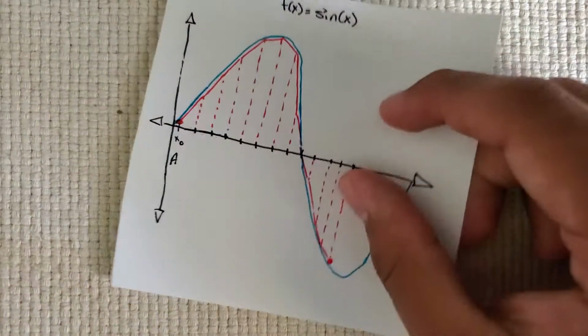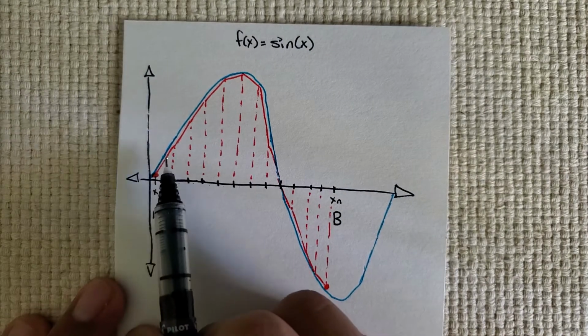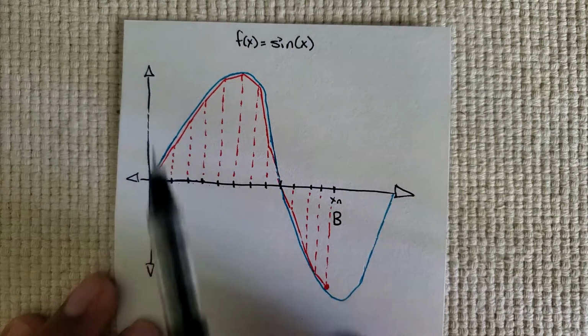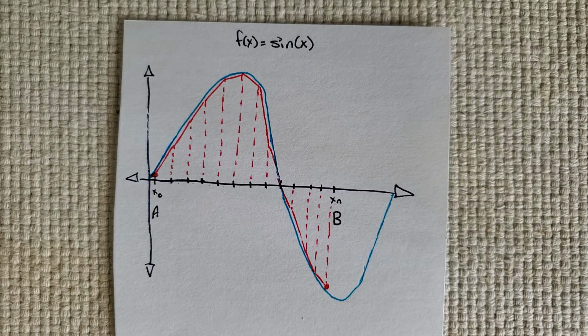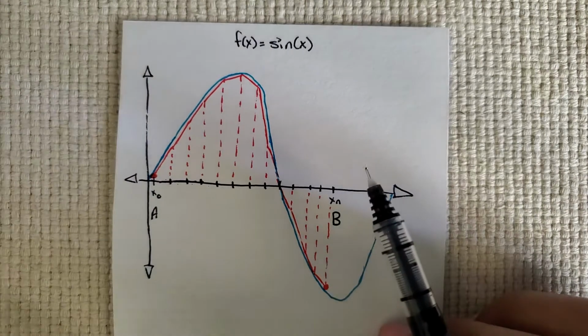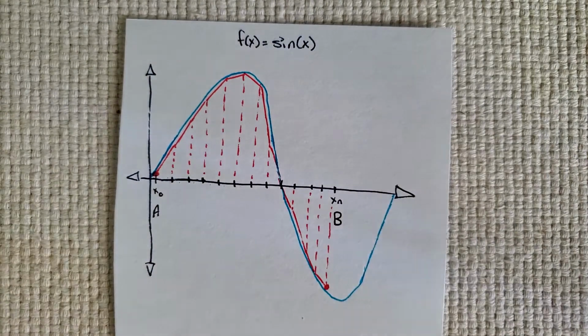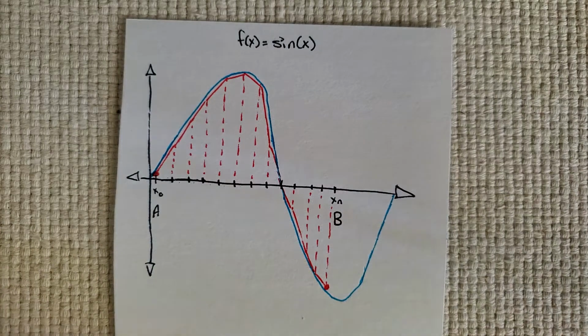And one prime example of this is looking at a graph here and seeing that, instead of using what we're used to, which is rectangles, which tended to go above the curve and below the curve and wouldn't necessarily get close to the actual value, we can use a different geometric shape, that of trapezoids. And the magic of trapezoids is that they're actually able to get closer to the curve than a regular rectangle would be.